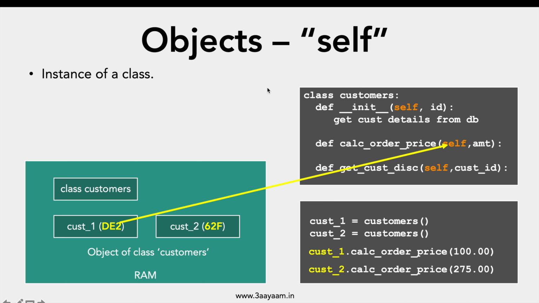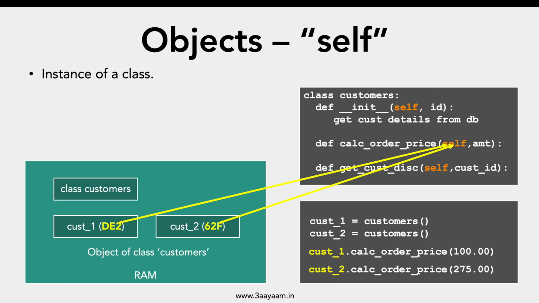So self would basically be pointing to DE2, which is the address of cust_1, and next time when we execute calculate order price, this time self would contain the value 62F. So now that method, or that function rather, would work with the individual objects that are stored in DE2 and 62F, which are different memory addresses.